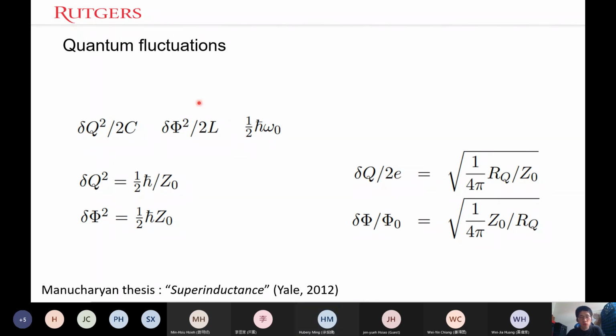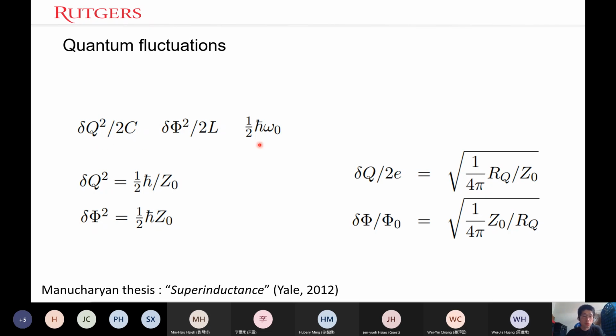The idea of quantum fluctuation is, if we have two operators that are conjugate variables, for example delta Q and delta phi, we expect the uncertainty principle: delta phi times delta Q is greater than or equal to h bar over 2, or 1 if you're an experimentalist.